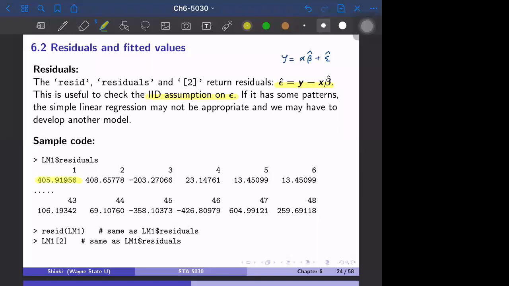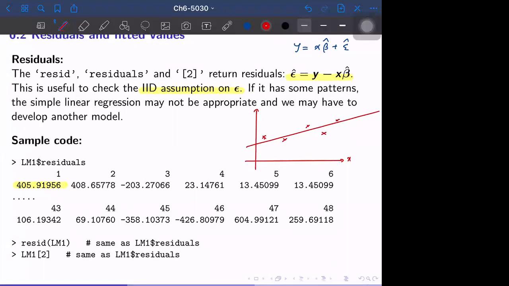So this is the residual. For the first observation, the residual is 405.9. That means if we have a data set with x and y, and data points 1, 2, 3, 4, 5, and a straight line, then this distance is the residual.